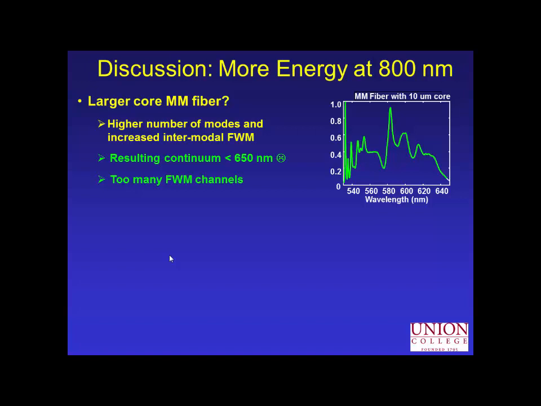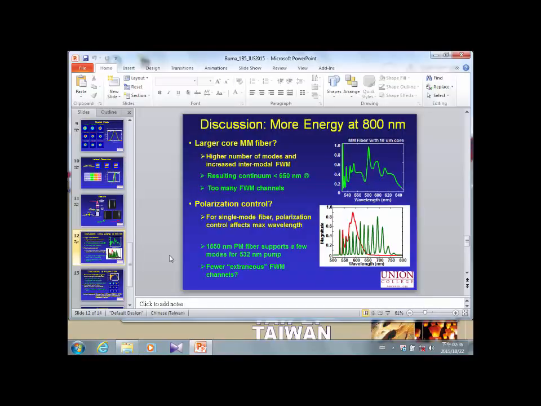So in the end, probably what's happening is that if you have too many modes, you have too many channels, and so your energy tends to get diluted in one sense. So you can't get high enough wavelengths through this process.